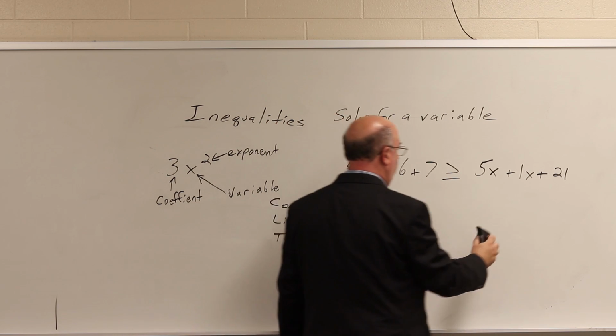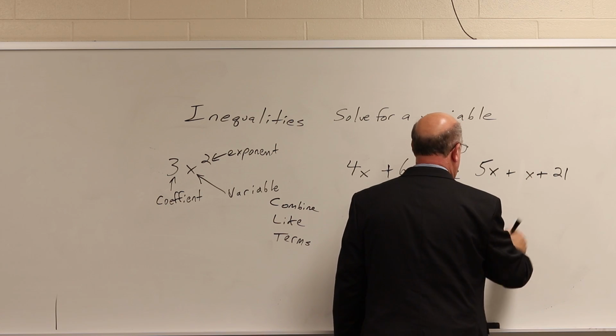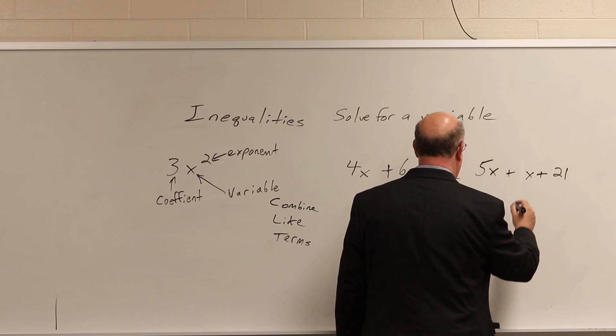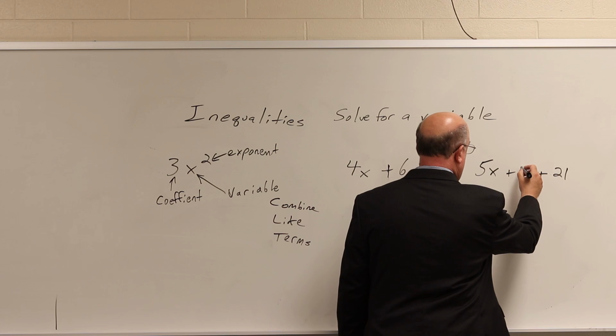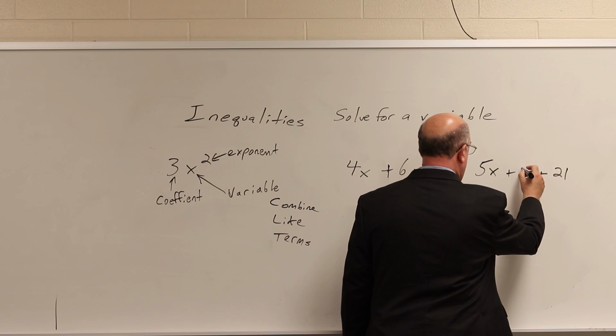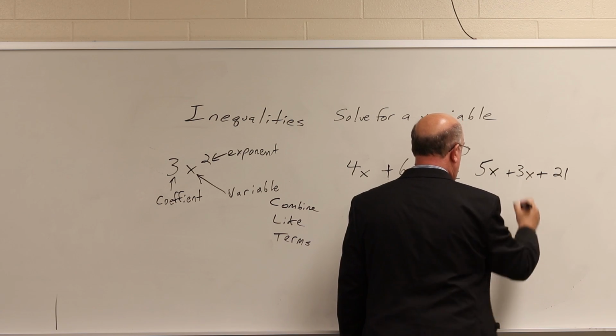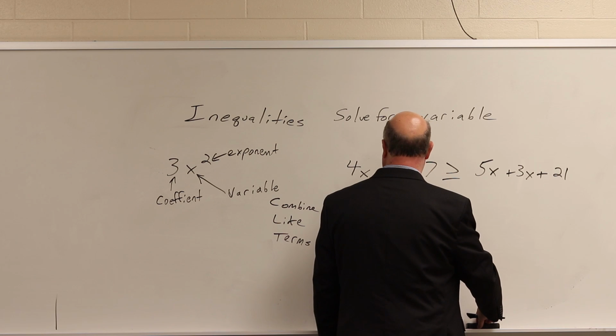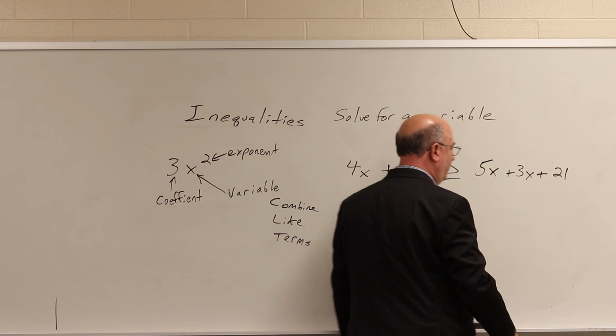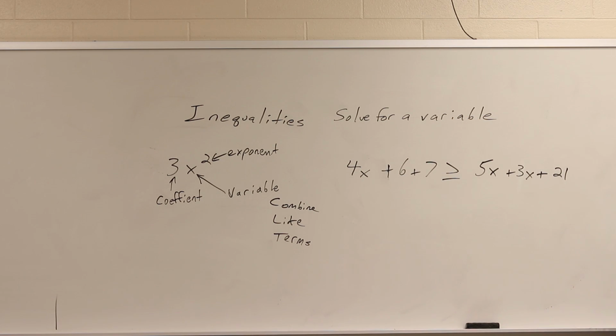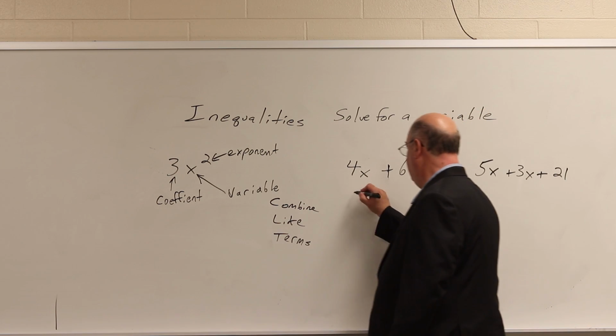Change some numbers around here. All right, let's put some numbers in here that don't play well together. Well, they'll play okay together. Okay. All right. Combine like terms, right? Okay.